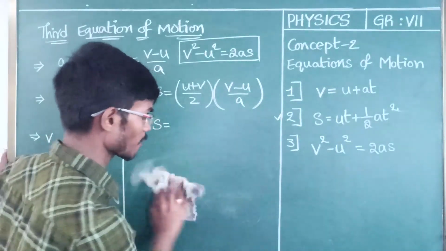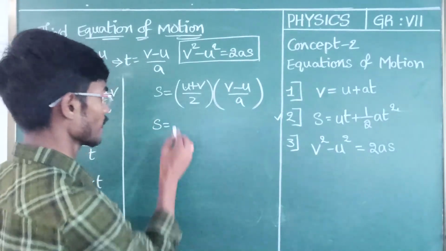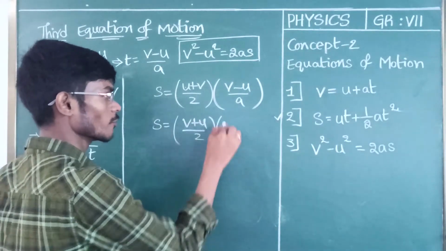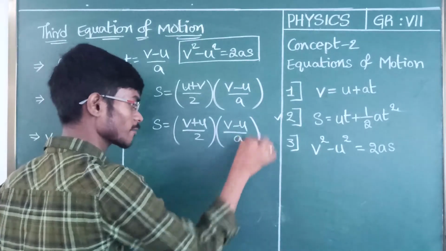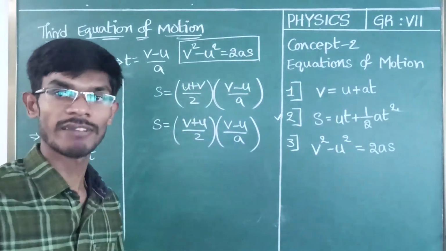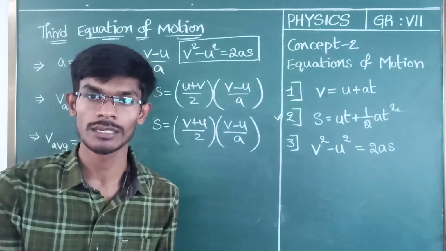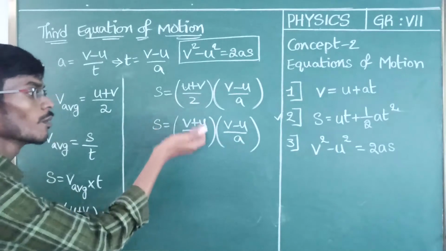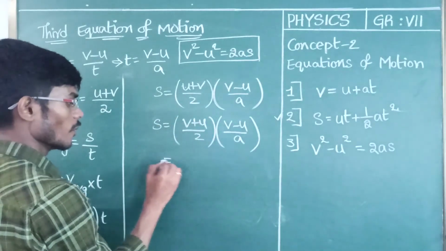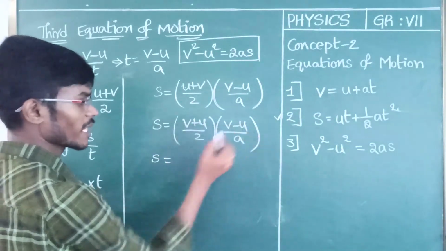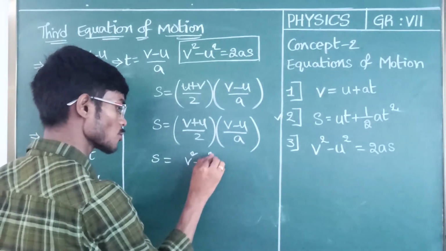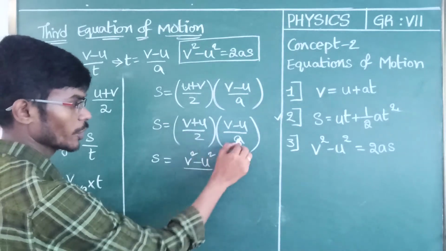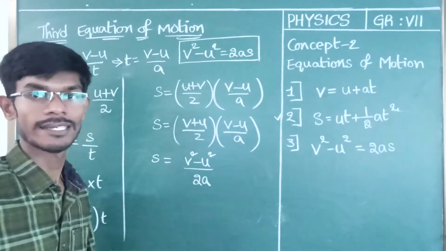So now in the numerator part, you can write like this: V plus U divided by 2 into V minus U by A. Here if you interchange, nothing will happen. 1 plus 2 is equal to 2 plus 1. So U plus V is equal to V plus U. There is no change in the value. So S is equal to V plus U into V minus U, V square minus U square, divided by multiplying numerators and multiplying the denominators, 2 into A, 2A.